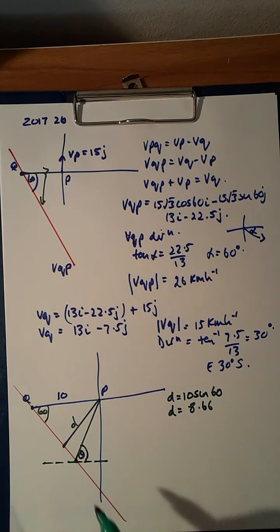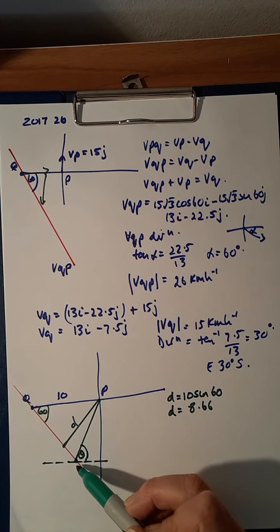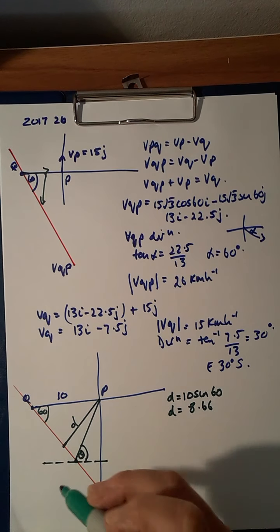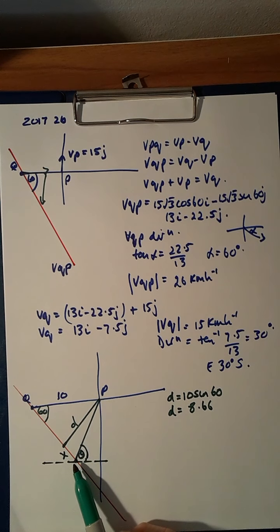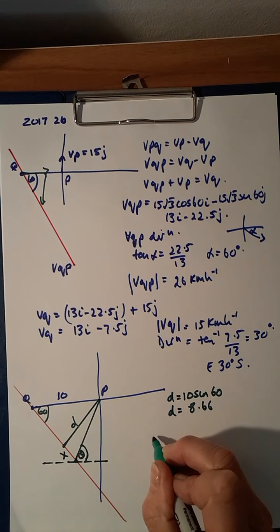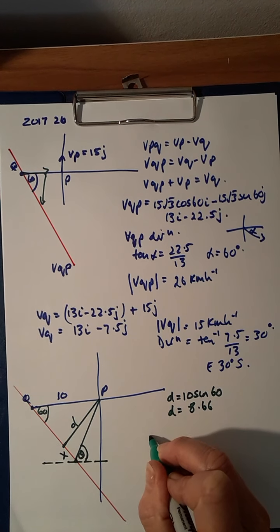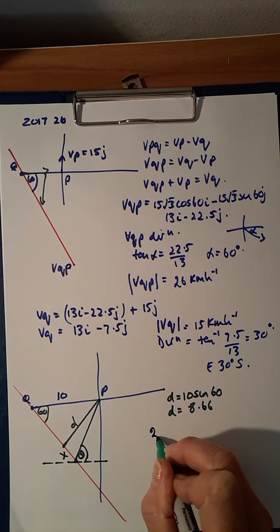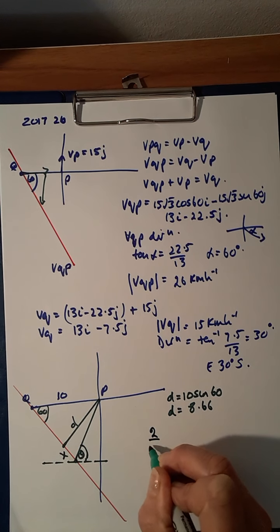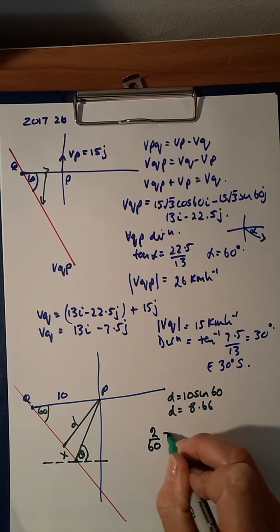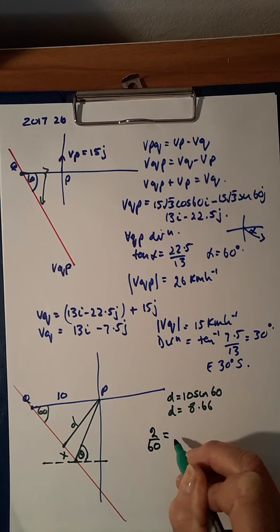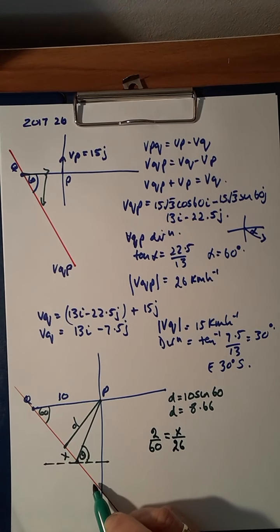Okay, so what do we have? We've got this 8.66. We know that red distance, that little distance there, I'll call it x. So we know that x is the distance travelled after 2 minutes. So 2 over 60 is equal to x over 26, 26 being the speed.